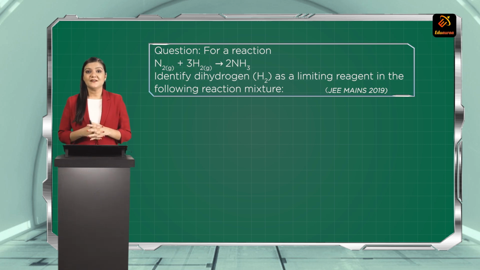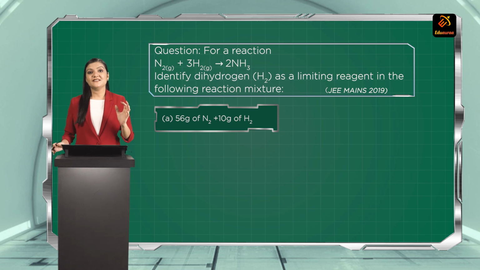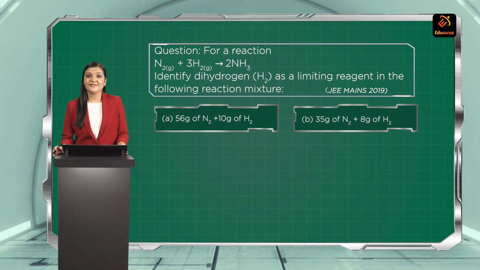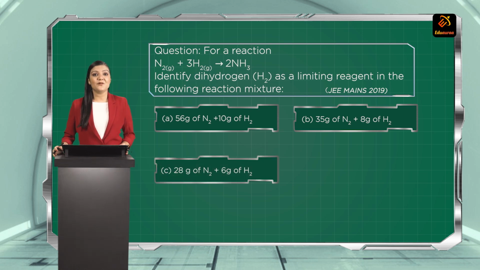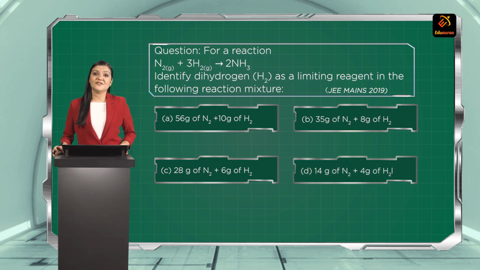The options are option A, 56 gram of N2 and 10 gram of H2. Option B, 35 gram of N2 and 8 gram of H2. Option C, 28 gram of N2 and 6 gram of H2. And the last option is 14 gram of N2 and 4 gram of H2.